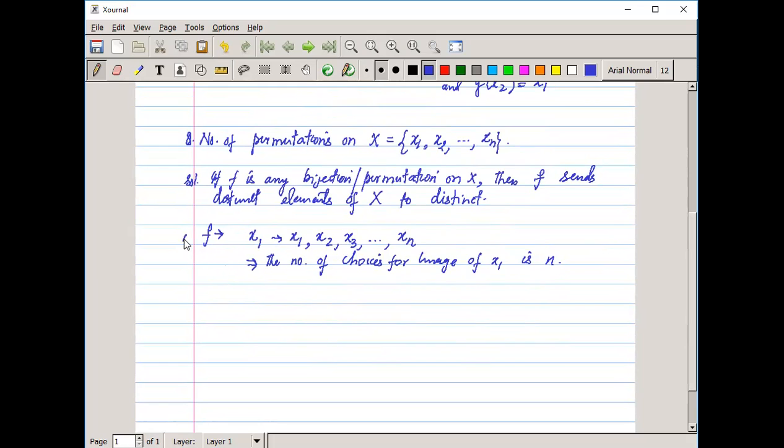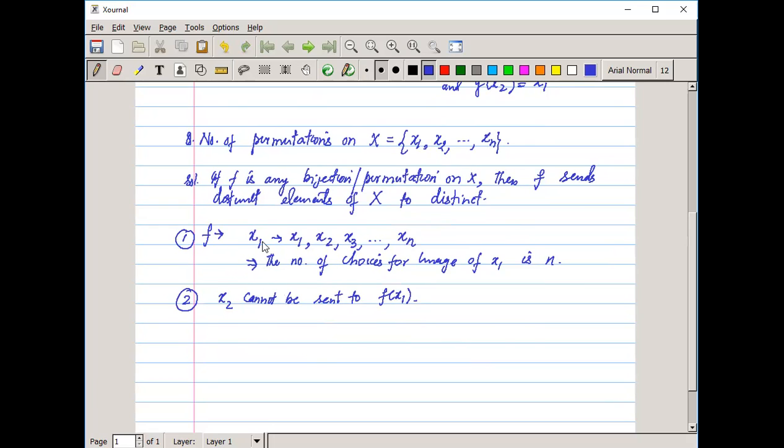Now we shall proceed toward the second step. So this was our first step, where we defined the number of images for the point x1. Now similarly, in the second step, we shall try to describe what could be the images for the point x2. Now under the function f, x2 cannot be sent to f of x1.